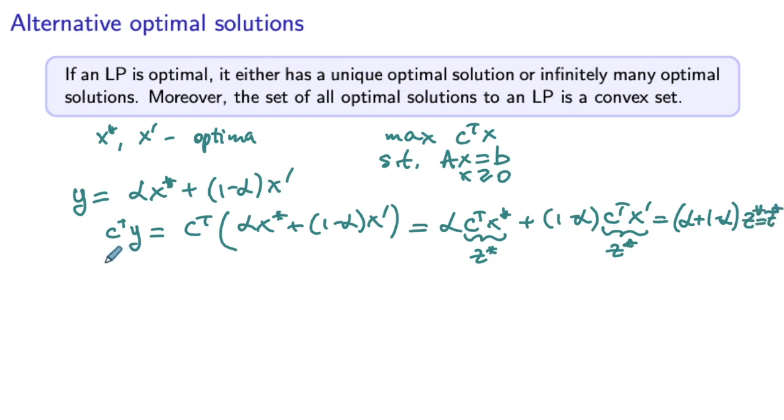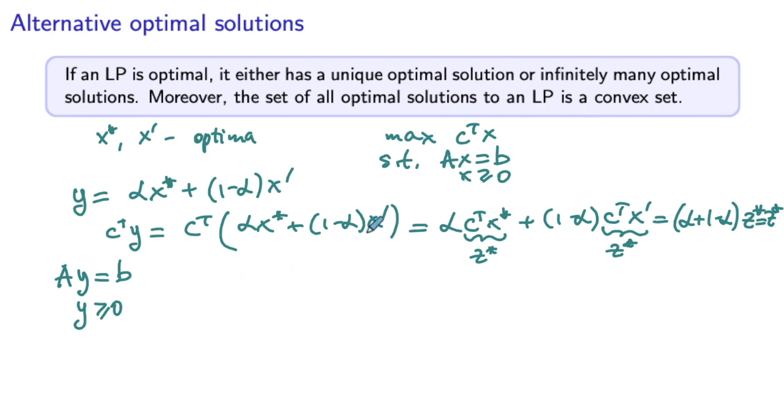So we see that the objective value at the point y is exactly the same as in x star and x prime. Now the last thing we need to prove in order to show that y is optimal for our problem is that we need to establish the feasibility of y. In other words, we need to show that Ay is equal to b, and y is greater than or equal to 0.